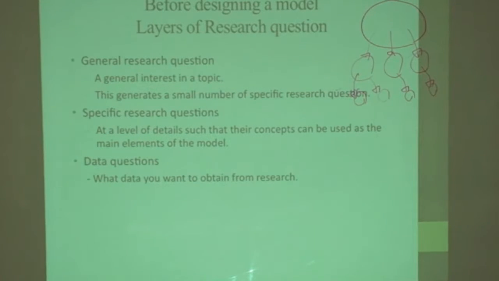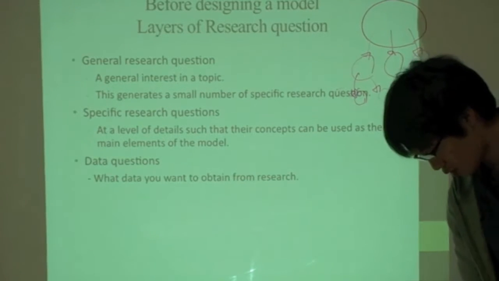In this case, you want to know the conflict probability from this research. So it's the output. In this example, we can say that it is output.